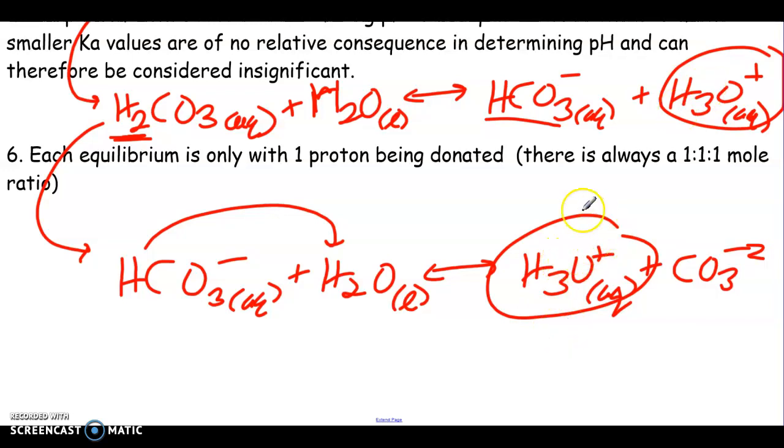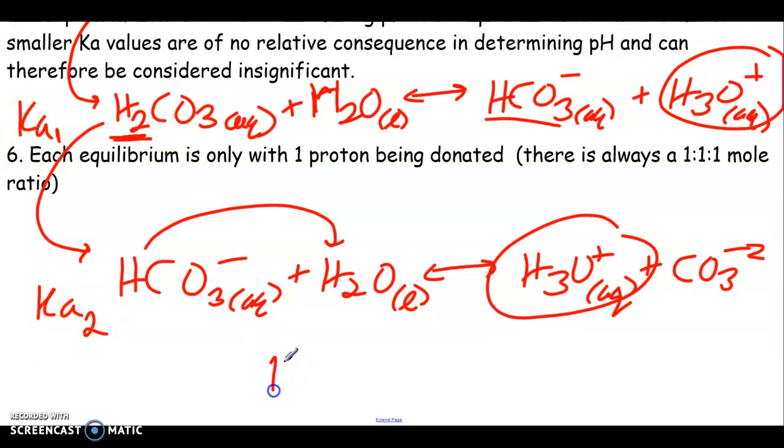So much, in fact, that we can basically consider this to be insignificant. Just so you are aware, each of these processes has a different K value. Sometimes they're referred to as Ka1 and Ka2. So it's like the first hydrogen that's being ionized and then the second one. Ka1 is always larger than Ka2.